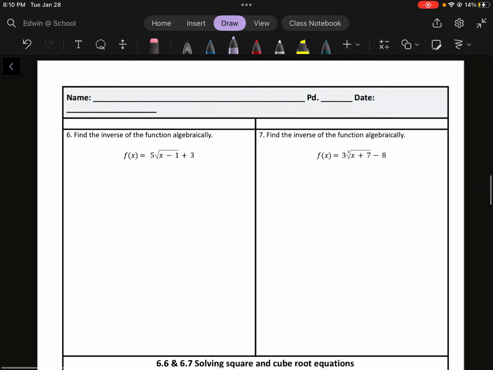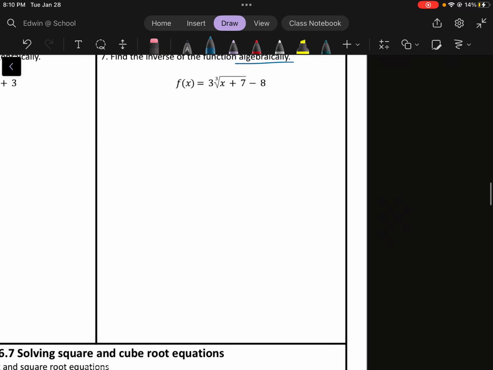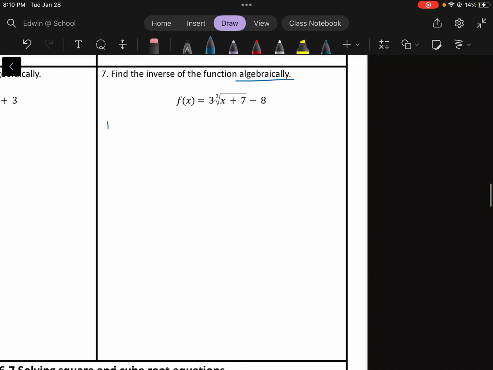Now we're going to do the same thing, but instead of having a nice pretty graph, we're going to do it algebraically. And here we have simple steps which we can use to solve these types of questions. So step 1 is to replace f of x with y. And that's going to involve rewriting this as y equals 3 cube root of x plus 7, minus 8.